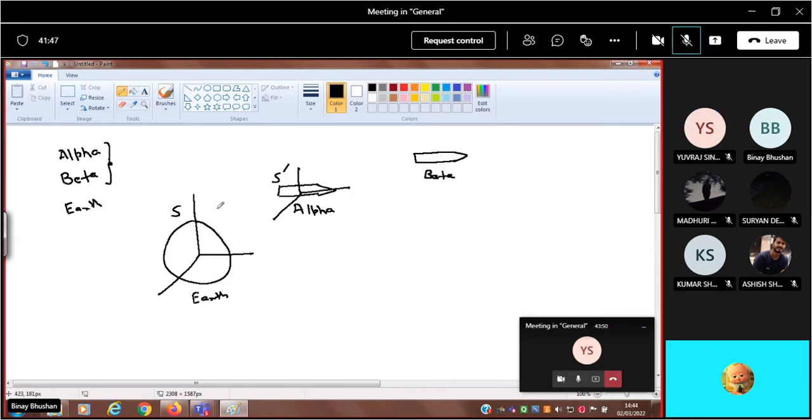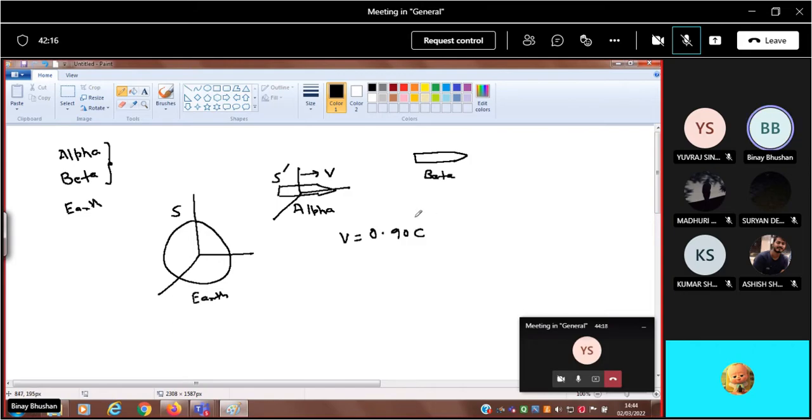So in our notation, what is the velocity of S prime with respect to S? What is that? V. We have taken the relative velocity of S and S prime as V. So V is given here, 0.90 c.